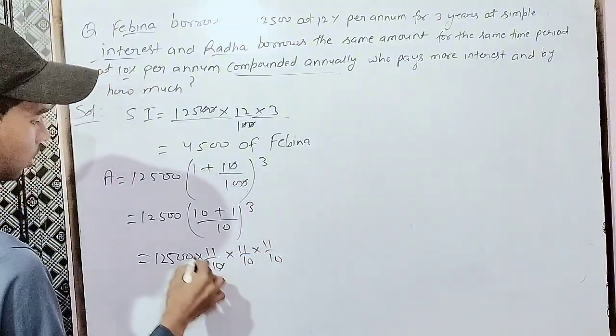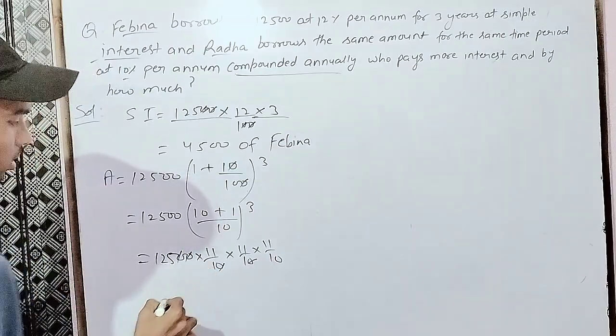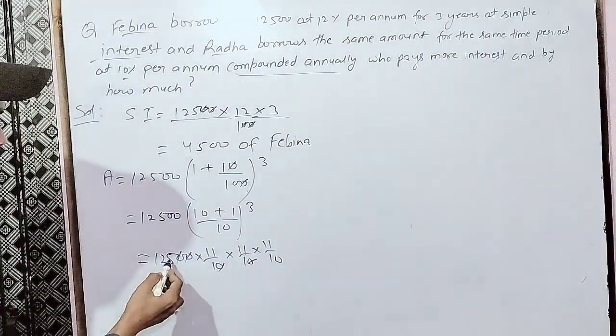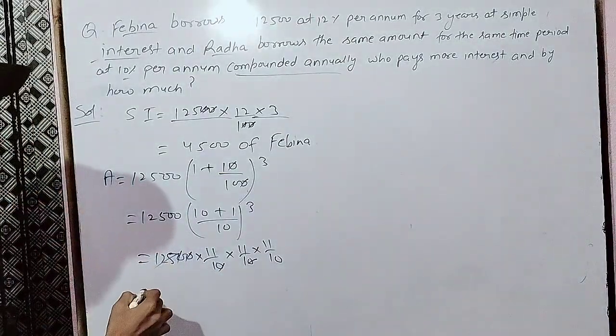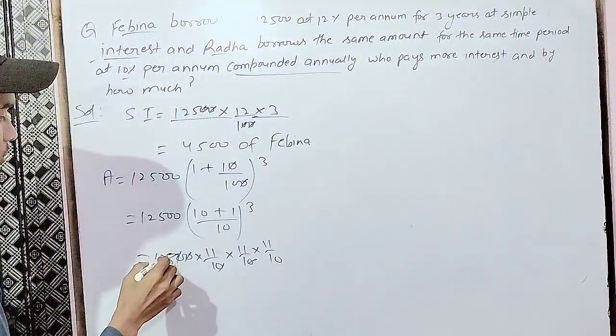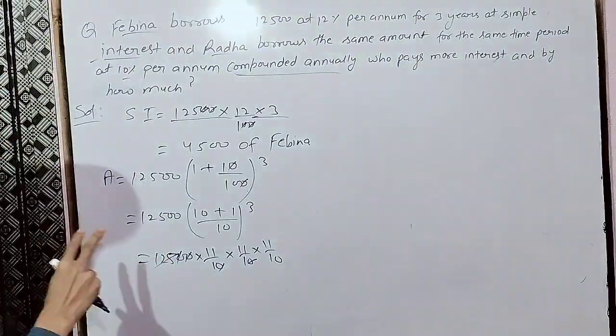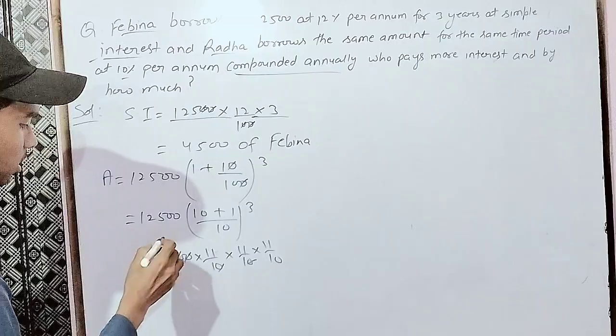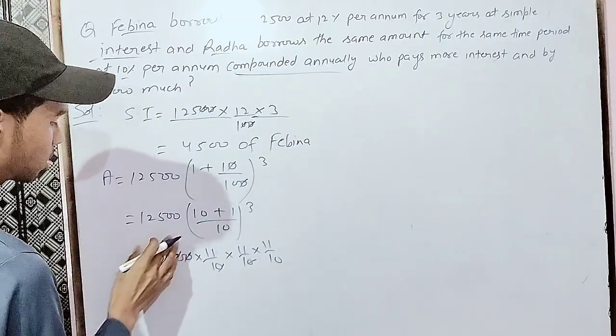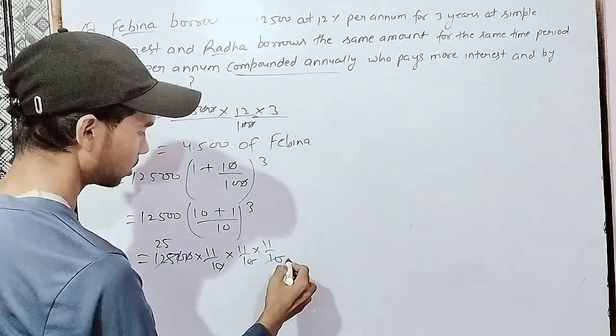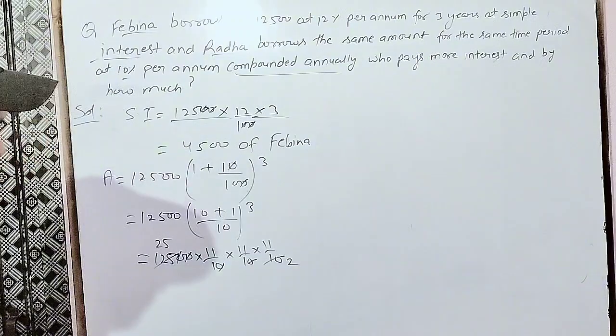Here 0, 0, 0, 0. That's it. This will cut. 5 or 25 fours are and 25 fives are, and 5 twos. We get 5 twos.